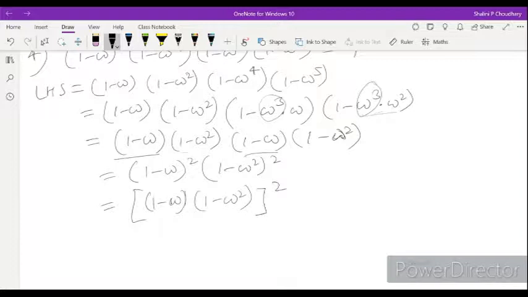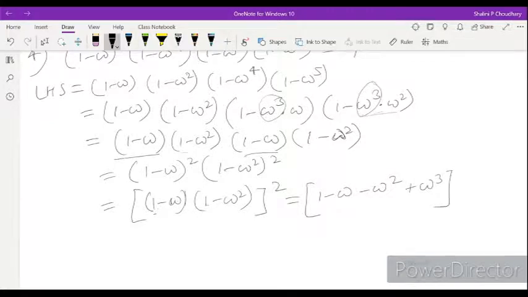We can take [(1 − ω)(1 − ω²)] whole squared. So first we multiply (1 − ω)(1 − ω²): 1 into 1 is 1, 1 into −ω is −ω, 1 into −ω² is −ω², and then −ω into −ω² is +ω³. So it is (1 − ω − ω² + ω³) whole squared.